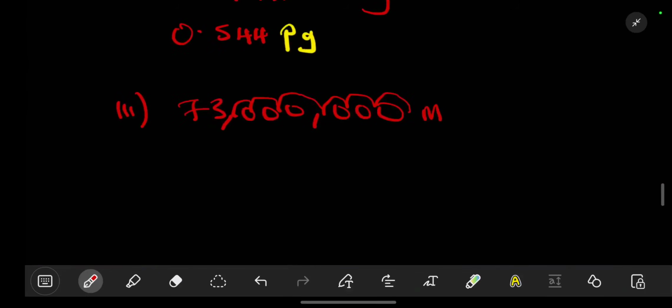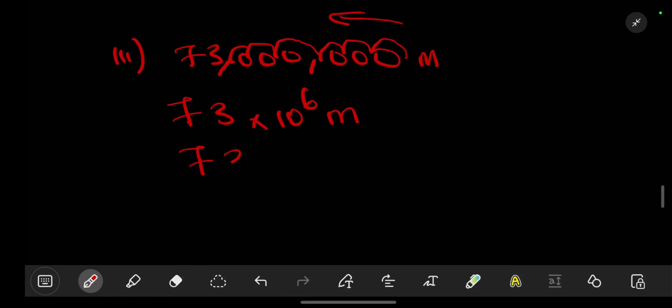So it will be 73 times 10 to the power of, and you can show this even in your working, 6, since you are moving to your left and you add powers, so you moved 6 times. Then we have the meter.